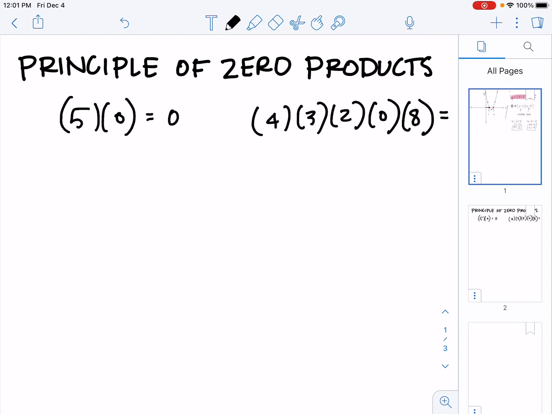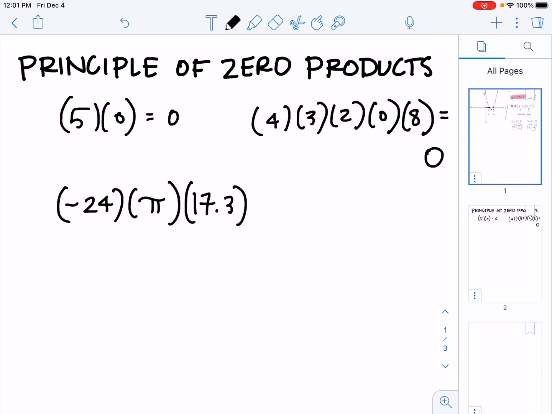You would just say, oh, Miss Millerick, that's 0. And if I were to say, what is negative 24 times pi times 17.3 times 0, you would say, not a problem, that is 0.